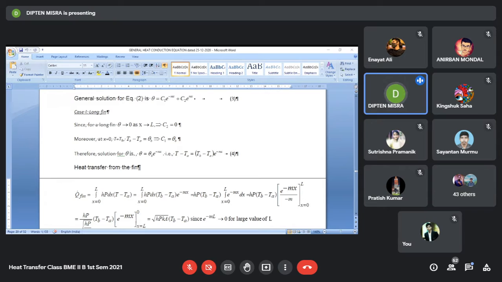So when your M is increasing, we will have a situation where this is M increasing, a larger value of M.